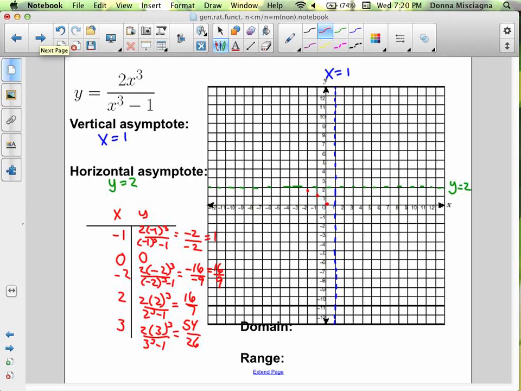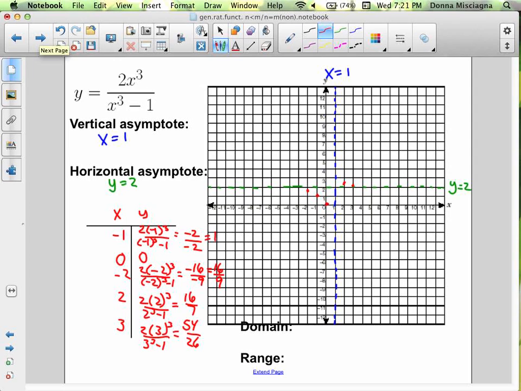On the other side, we have 2, 16/7. 14/7 is 2, so that is a little bit more than 2. Not even 2.5. 54/26 is even closer to 2, because 52/26, we're just 2/26 away from being 2. So that is pretty close to 2.